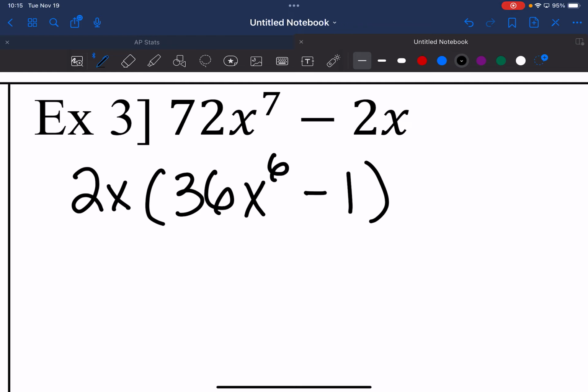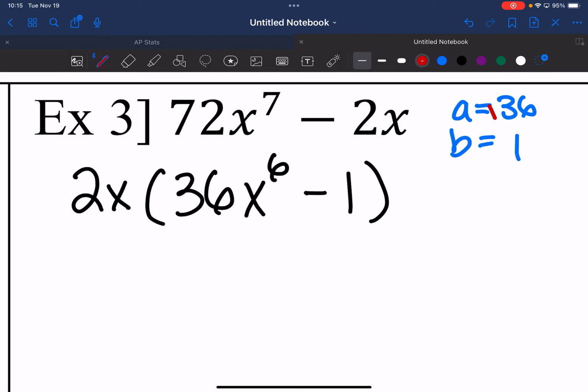Now look at our x. What is inside the parentheses? X to the 6 power. So if we were to split this into 2 factors, each one is going to get how many x's? 3. But first we have to take the square roots of our A and B values. So A is what number? 36, and B is 1.